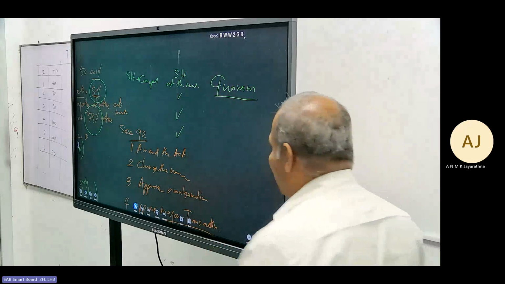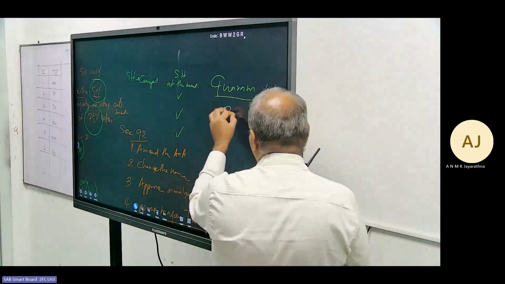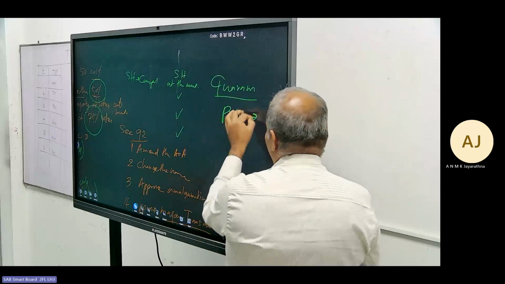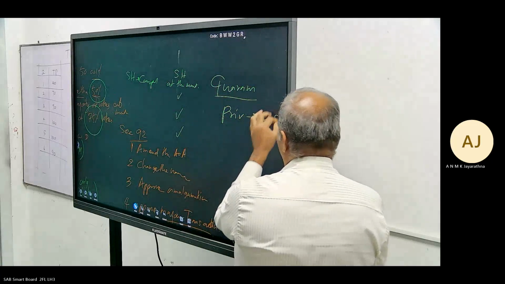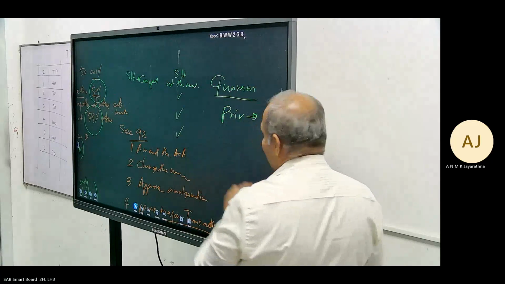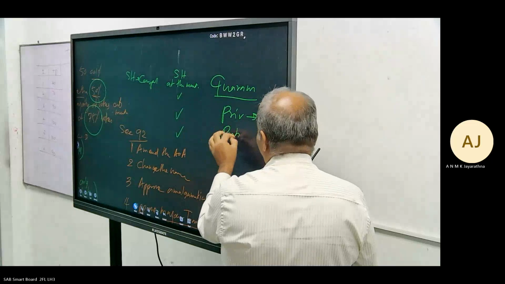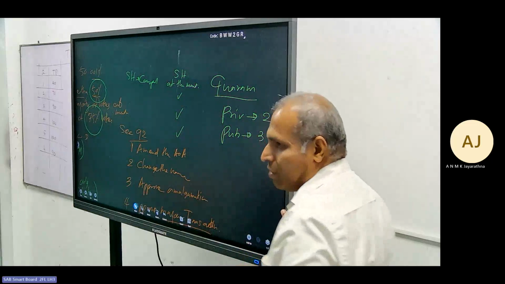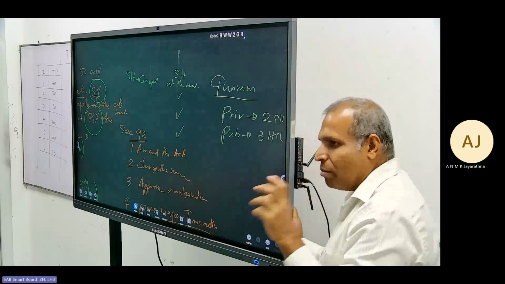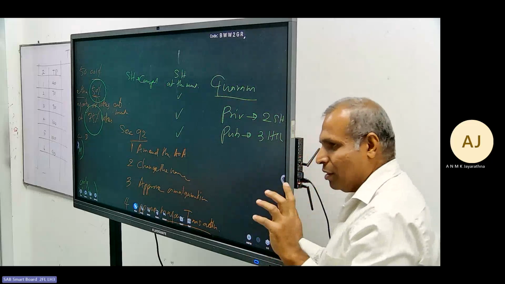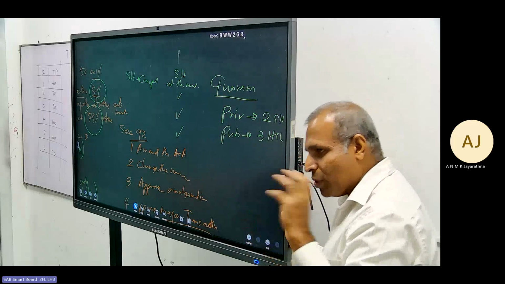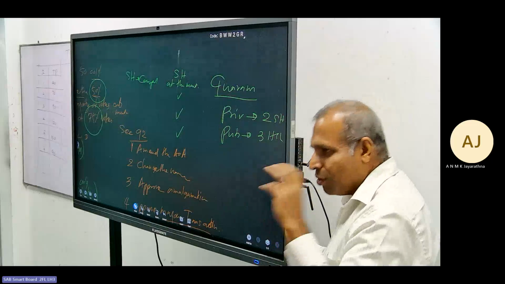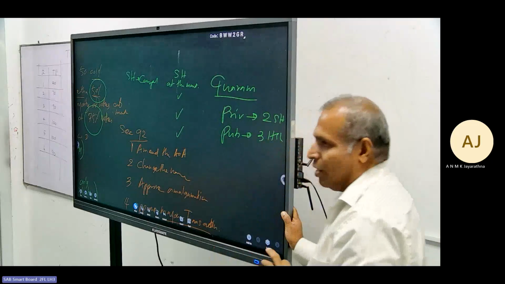What is the quorum? If it is a private company, two shareholders. Quorum is two shareholders. Public, three shareholders. That is the quorum. Quorum is the minimum number of shareholders to be present in order to proceed with the general meeting.